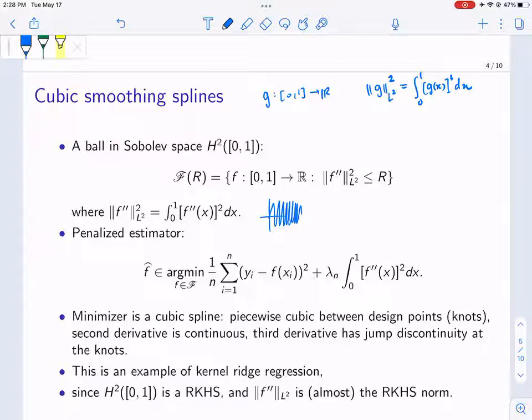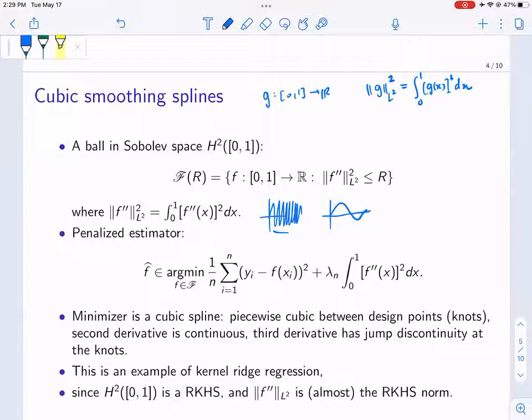So if you restrict this, you rule out some of these rougher functions. You get a smoother function. So something like this might be in that class, but at some point something like this might be out. And then there are functions for which this is infinite, no matter what R you take.